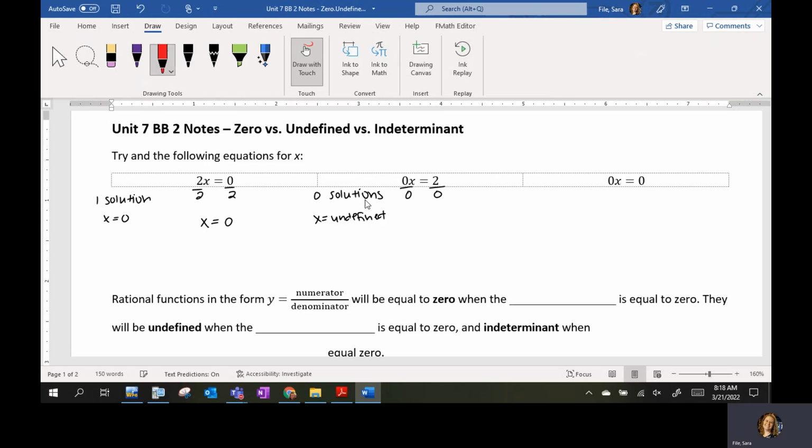I'm going to make a couple little side notes here. You cannot divide by 0. This is undefined because there are no values of x to make the equation true.